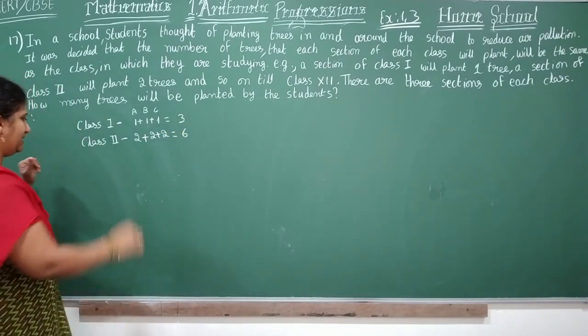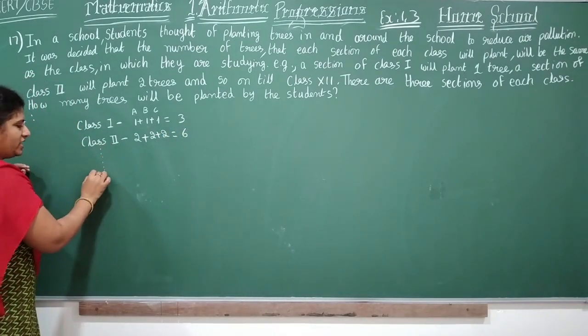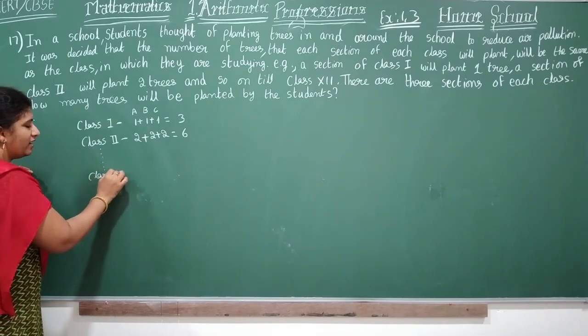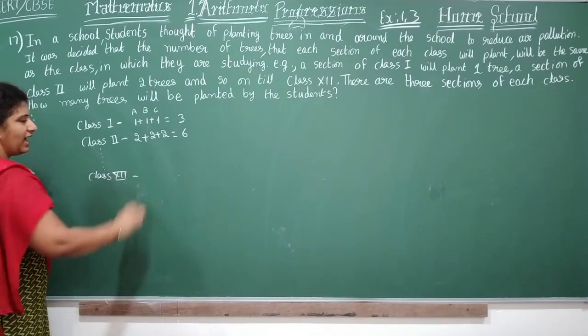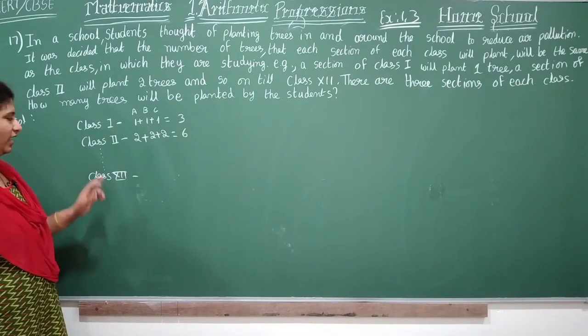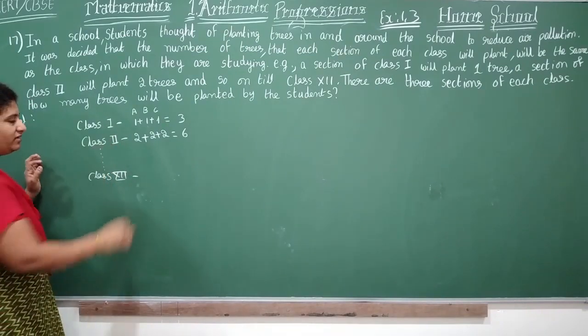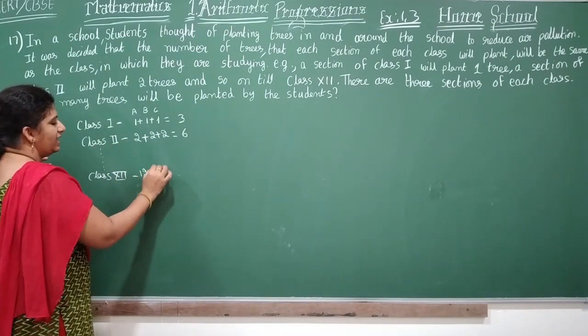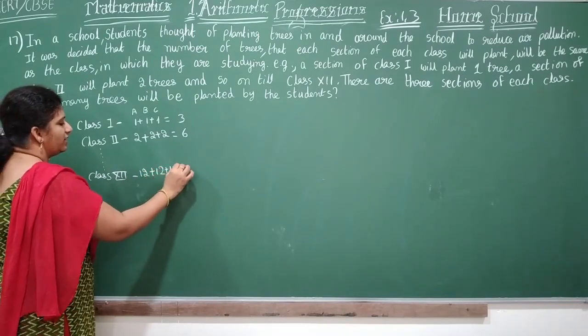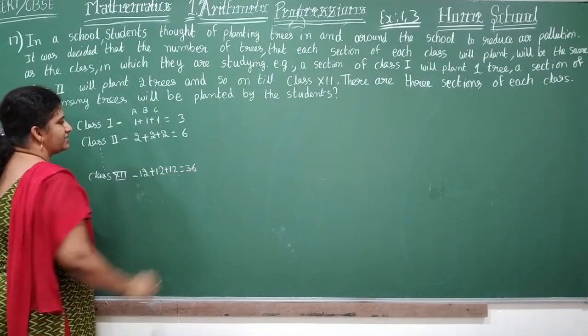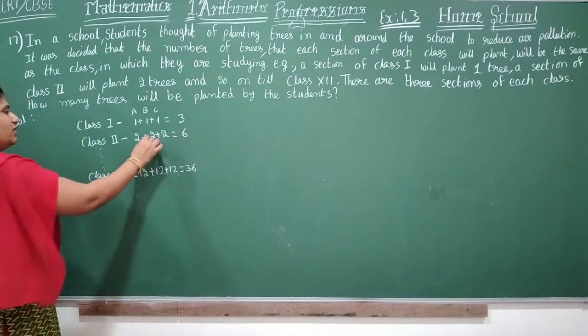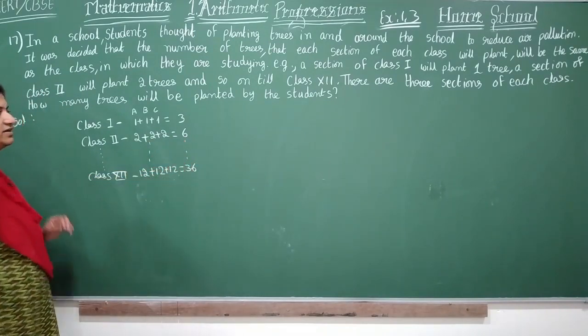Like this you can imagine how many classes are there here. There are 12 classes, and each will have 3 sections. In the middle there are many sections here.